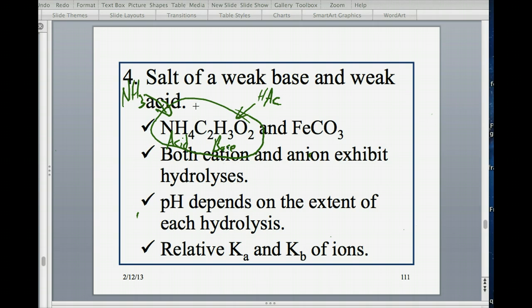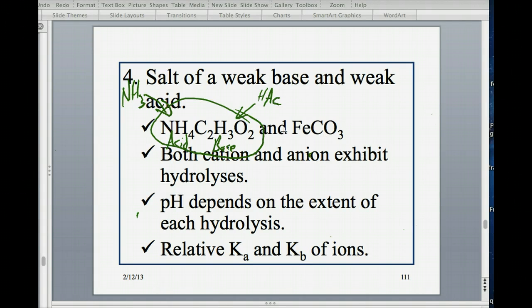You're adding both an acid and a base. So what happens to the water? Is the water going to become acidic or basic? Well, you have to actually have numbers for this. It's going to basically depend on how acidic and how basic they are. So you're going to have Kas and Kbs.